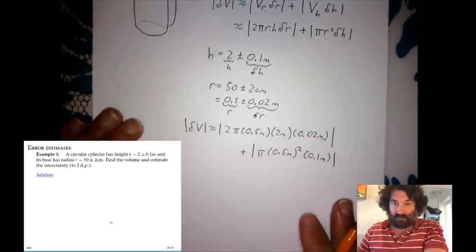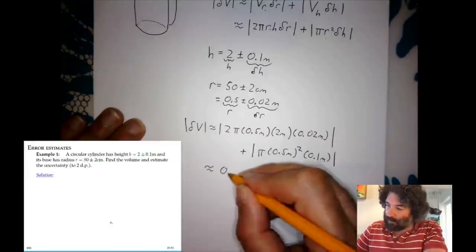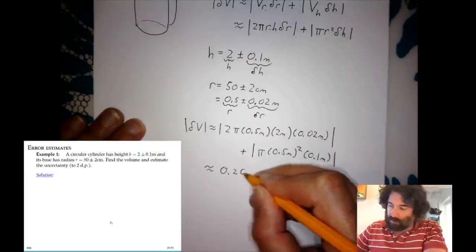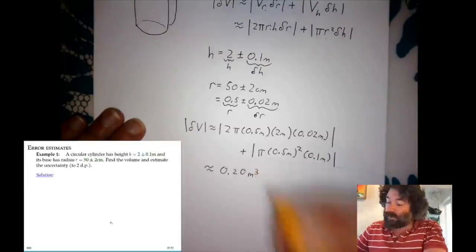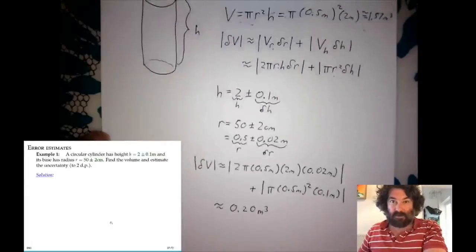Okay, so then put this in the calculator as well. 0.20, to 2 decimal places, cubic meters. Okay, so this is the error in the volume.